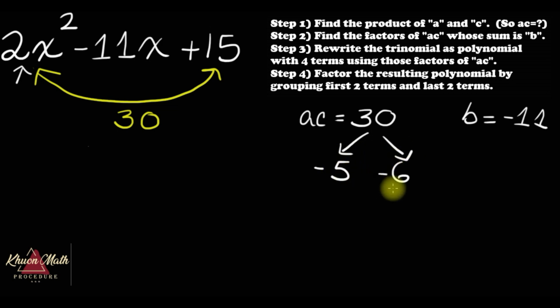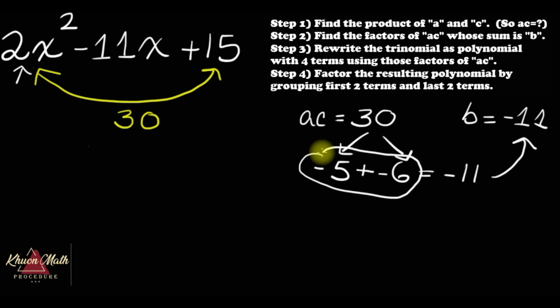Negative 5 times negative 6 is positive 30, and negative 5 plus negative 6 comes out to negative 11, exactly the same as B. That's what we need from step 2 to move on to step 3.